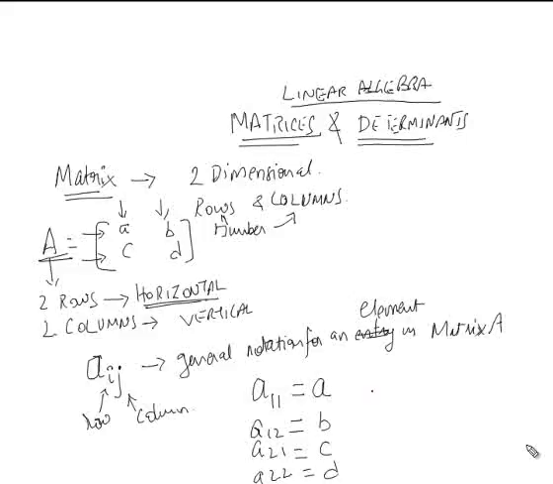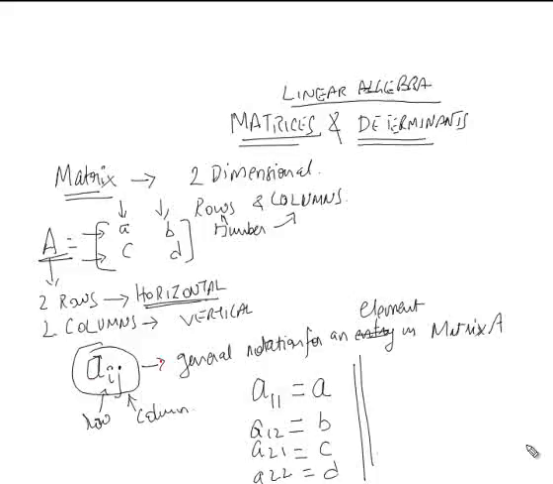If the matrix is a bigger structure, I can have A33, A44, A13, A14, A15 like that, according to the size. So Aij is a general notation for the ith row, jth column element of a matrix.